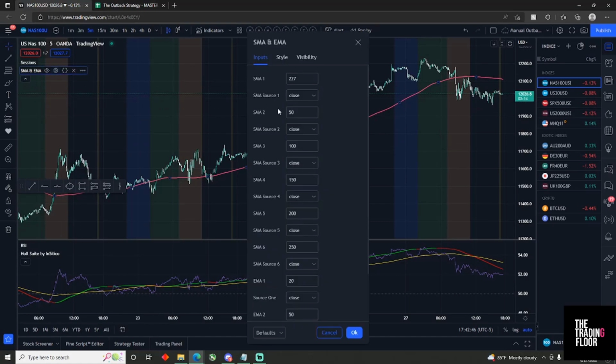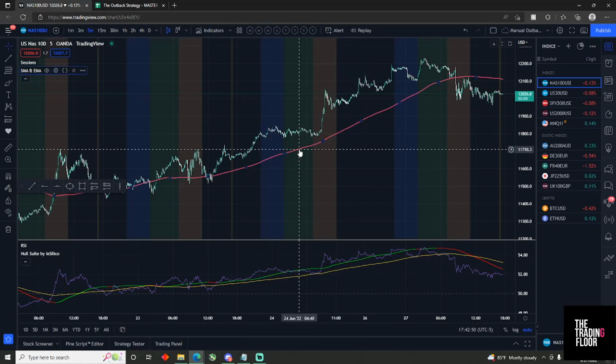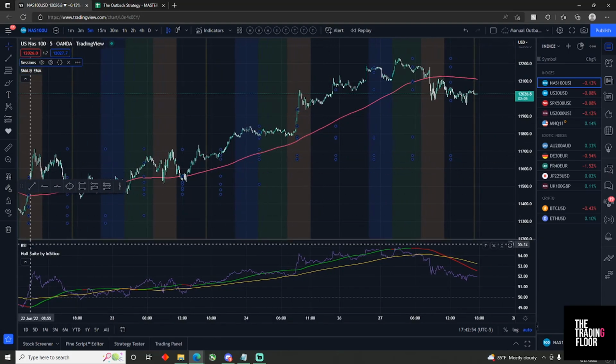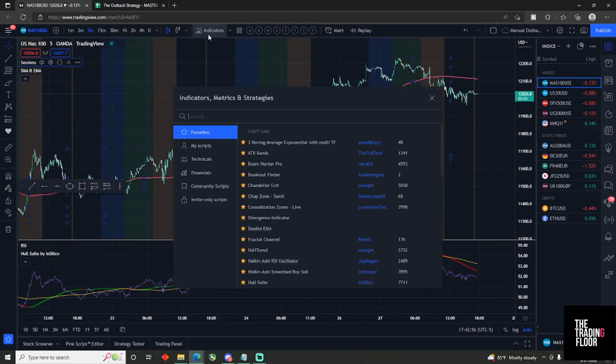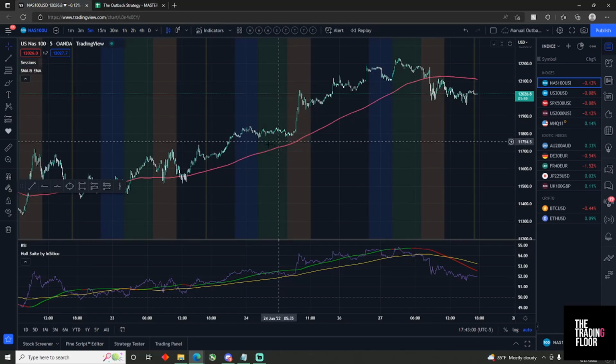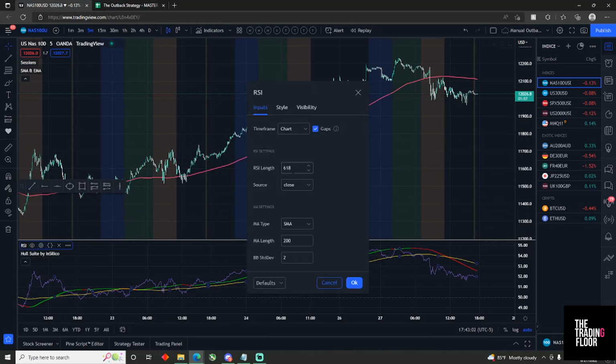All that is required is that you have a 227 moving average on your chart, as you can see here, this pink line. And then from there, we have our RSI, just a general RSI, so TradingView's Relative Strength Index. And if we look in the settings, I set my RSI length to 618 and I set my MA to 200.